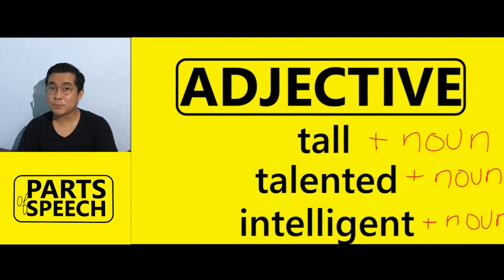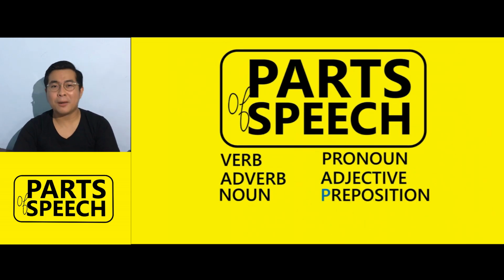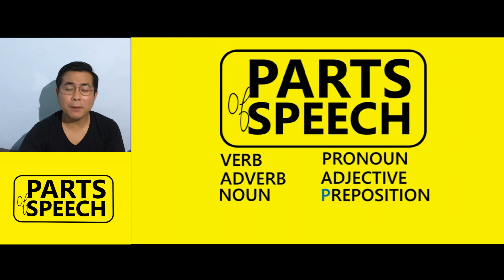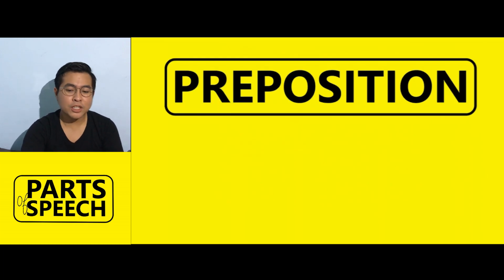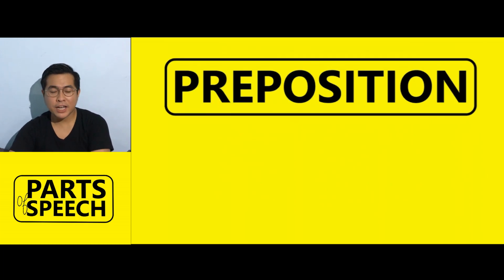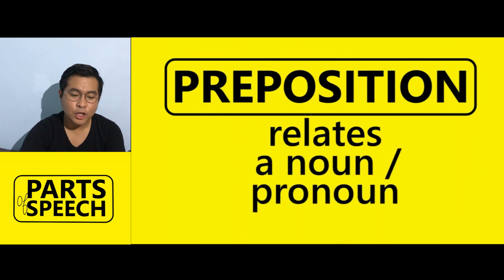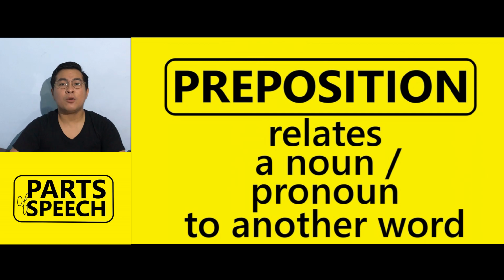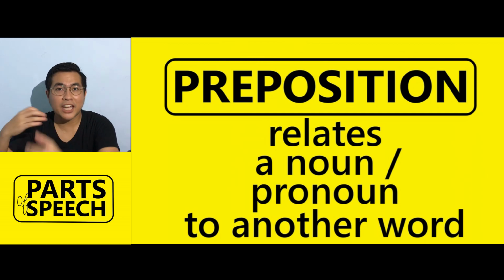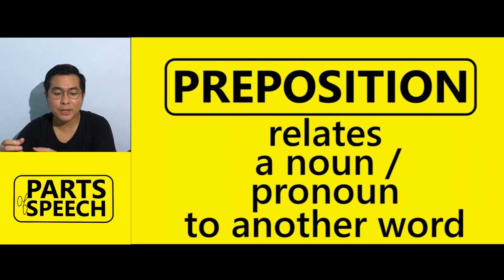Okay, so now let's proceed with preposition. For preposition, we just have to remember that it relates a noun or pronoun to another word. It is pertaining to the relationship of your noun.